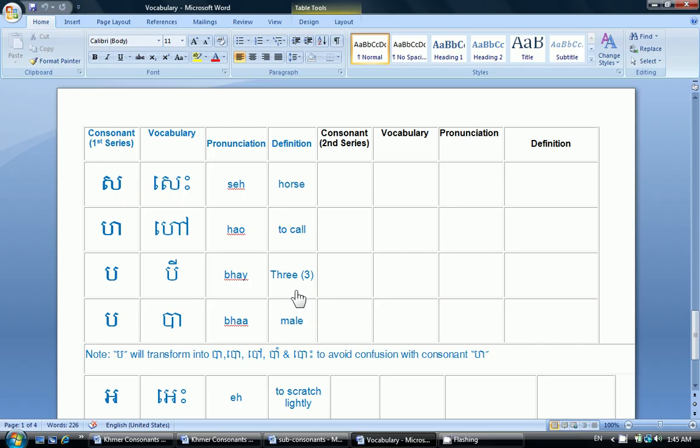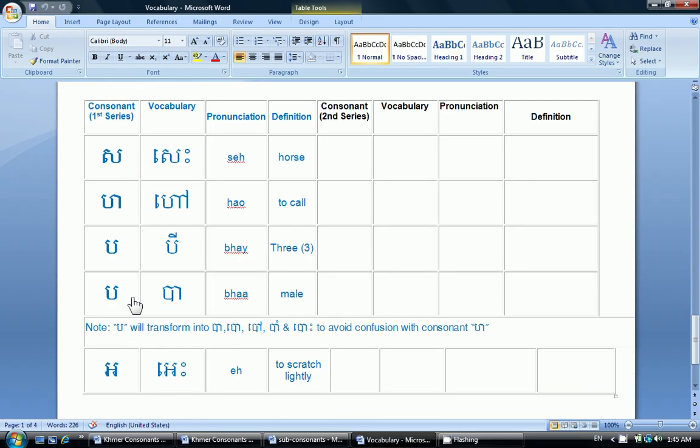Now if you notice here, we have bo. You see this bo changes shape. Every time that we use the vowels sra'a, sra'ao, sra'au, sra'am, and sra'ah, this bo changes shape to look like this, so it does not get confused with the consonant ha.